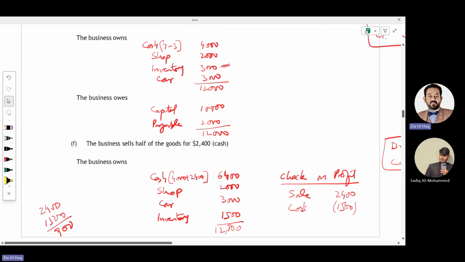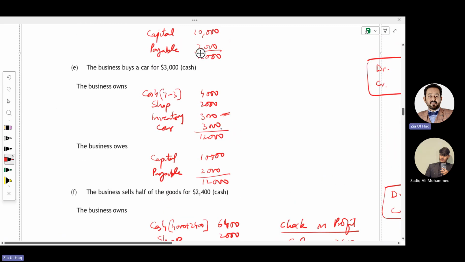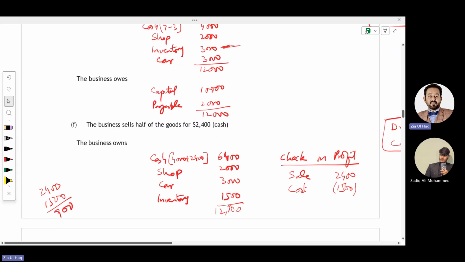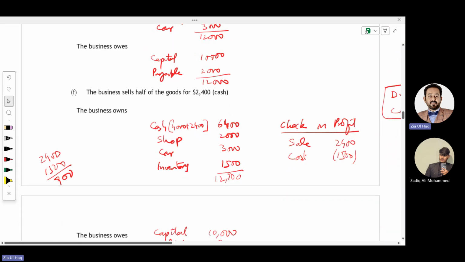Half of the inventory. The inventory total value was 3,000. So we sold half of this. Half means 1,500. So the inventory cost that we have sold is 1,500. So 900 will be our profit. And this profit will be called gross profit.